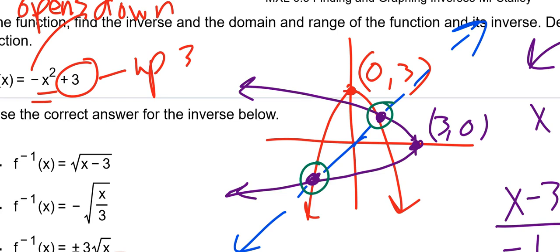And I asked them the same question I asked you. What's going to happen to those 2 points? Answer, nothing. The point 0, 3 became the point 3, 0, and then we had enough information to draw the shape, but it looked like a reflection across that line, a matching point on either side.